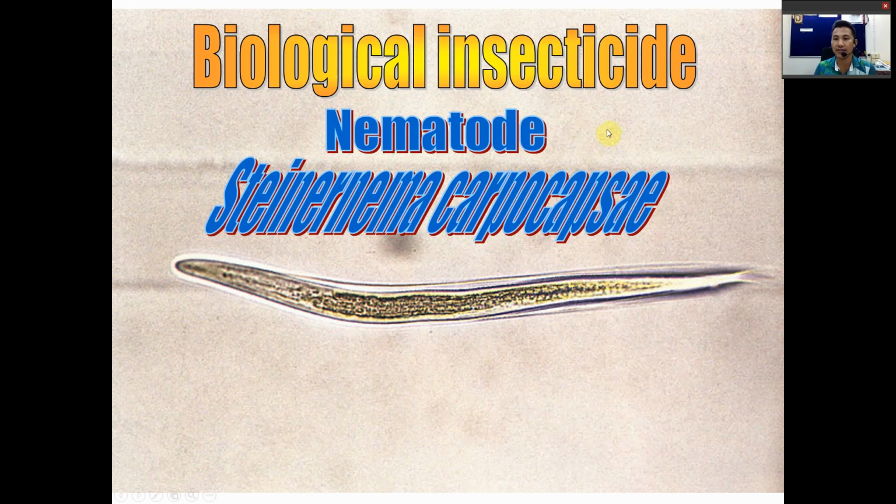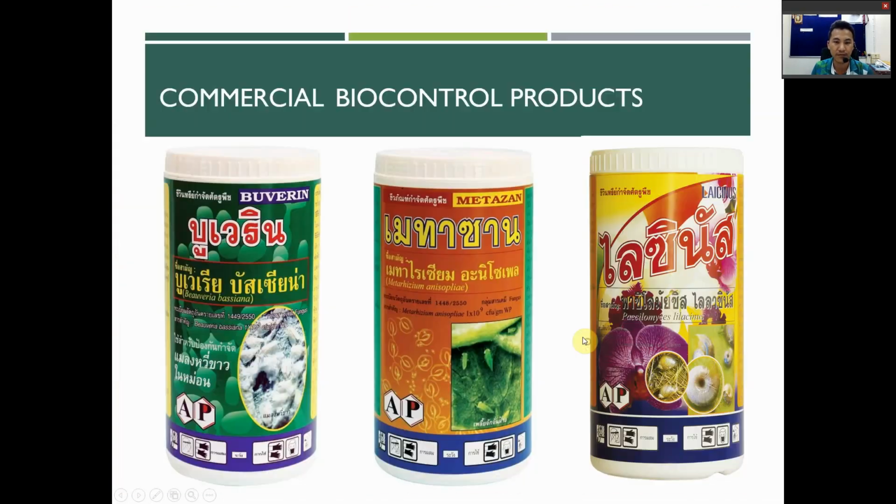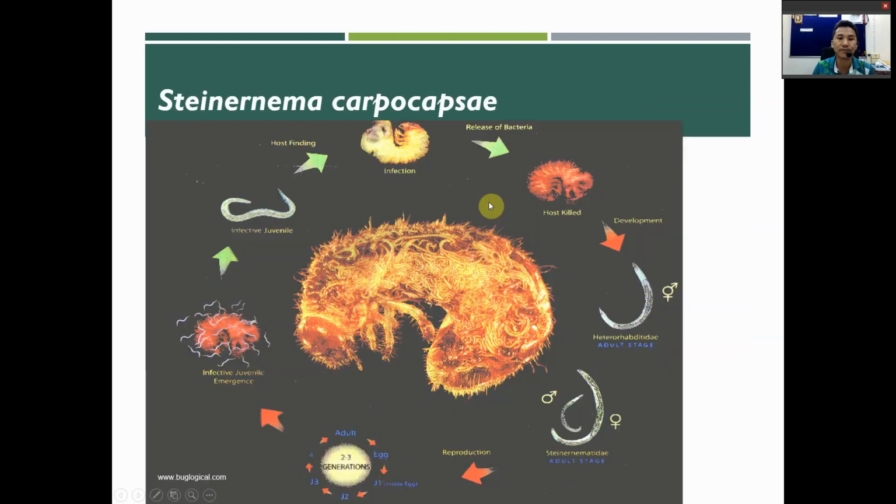Biological insecticide, which is something that can kill insects, but we use living things here, nematodes, for instance. But here are the commercial ones, some sort of biocontrol like Beauveria here, Metarhizium, Lecanicillium. They are all made up of some sort of microbes or microbial activity that can control all the pests that we have.